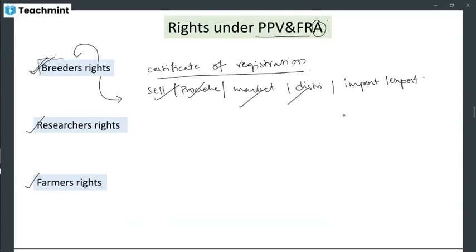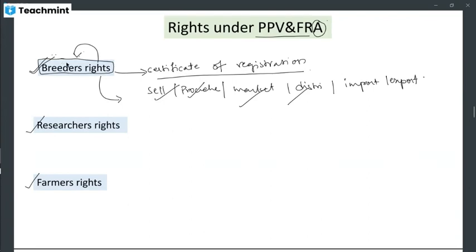Whatever the variety for which the breeder has got the certificate of registration, he can sell it, market it, and distribute it. He can also give it to any other agent for all these purposes, so that the agent can handle all these procedures. So these come under the breeder's right.